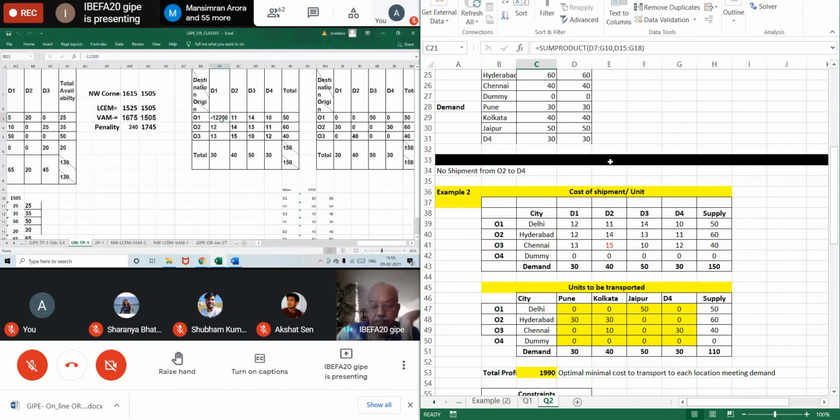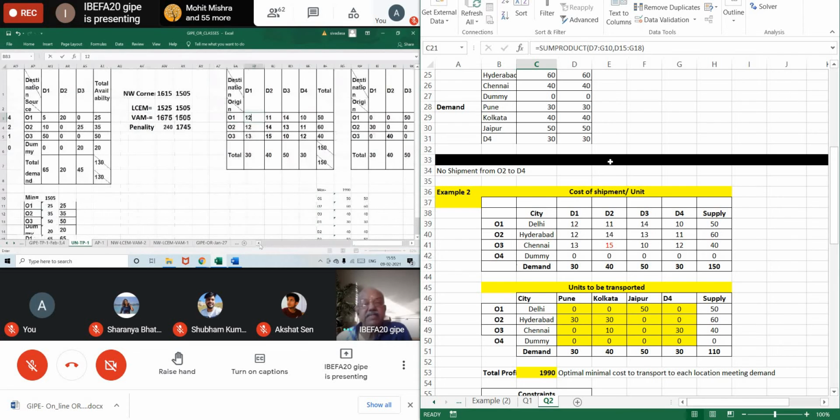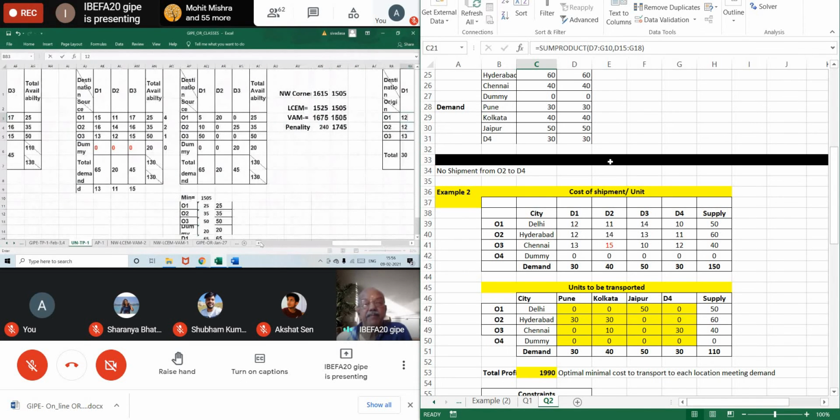Okay. So we have seen here these different situations in TP.